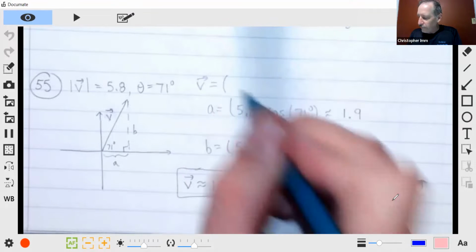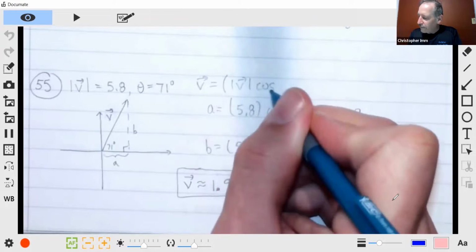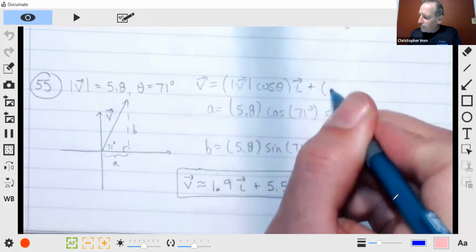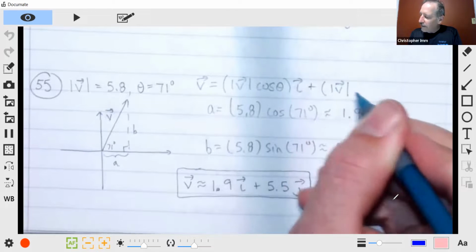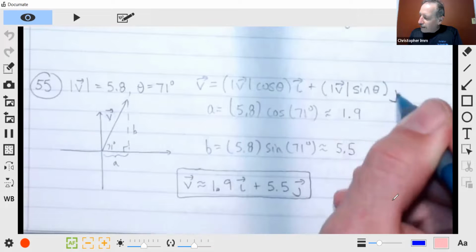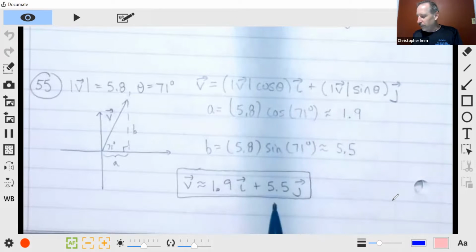So the horizontal component, which would be the magnitude times cosine of the angle theta, i, plus the magnitude times sine of the angle, j. This is going to give me my horizontal and vertical component.